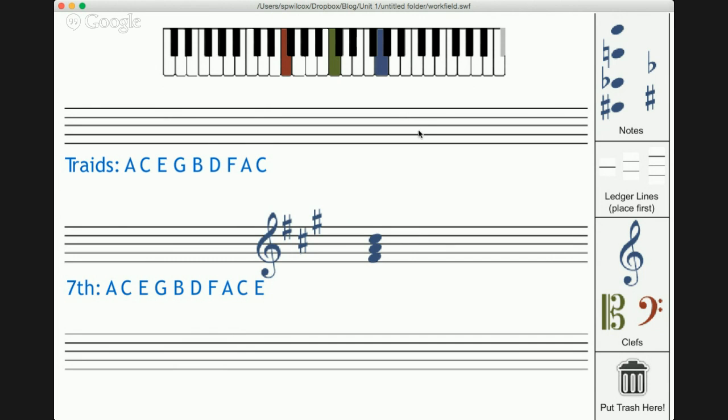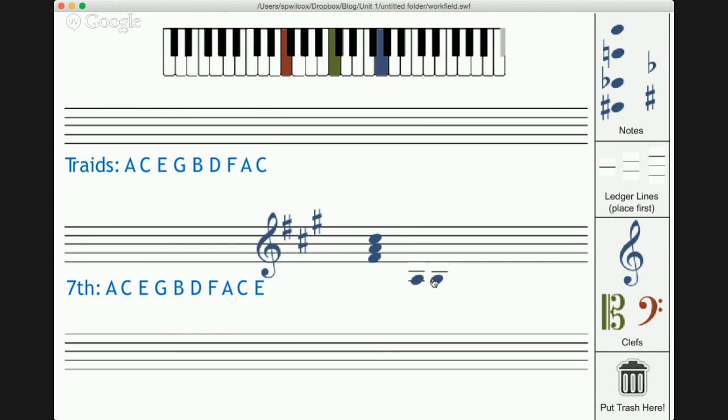So if I was in A major, what is the harmonic function of this triad? Well, first of all, start with A, right? Because A is the tonic. So let's go ahead and put an A down here. So we get an A, tonic. And then let's add the supertonic, which is the second scale degree, B.